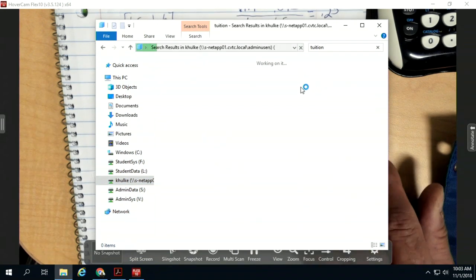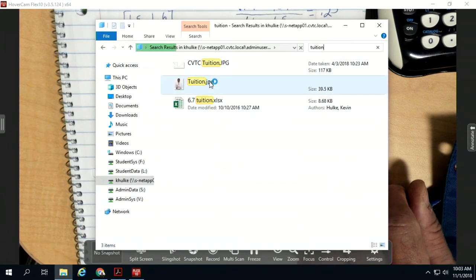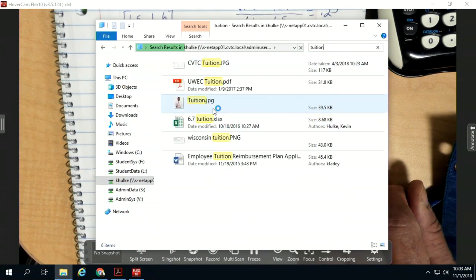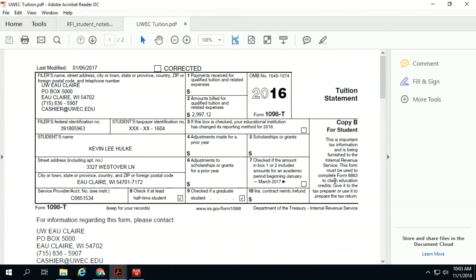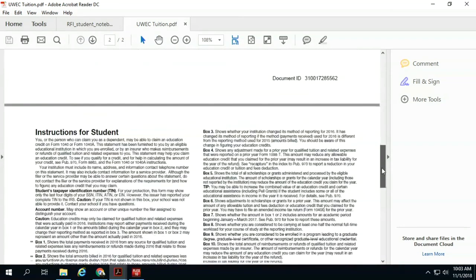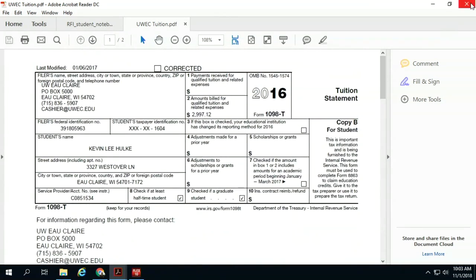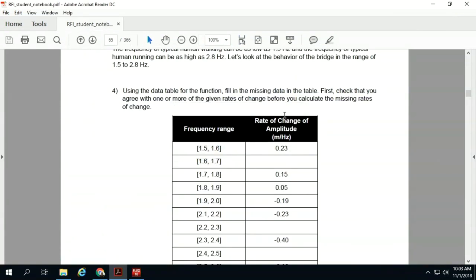I saved my bill for when I went to the university a little while ago. There it is, at Eau Claire. Here was my tuition: $2,997.12 for a 2-credit class.